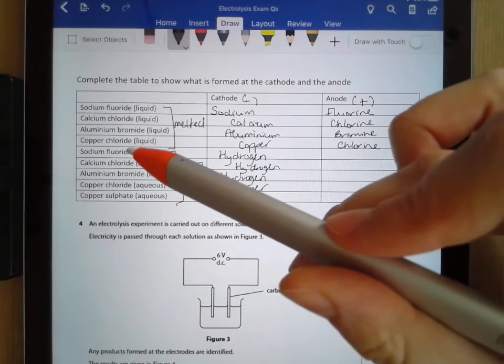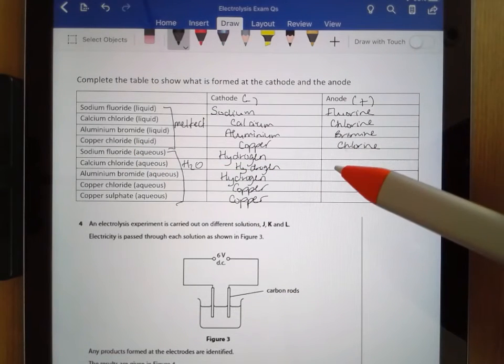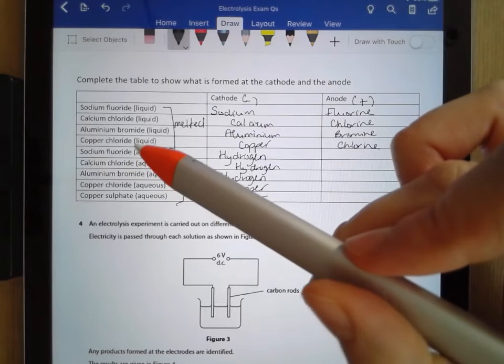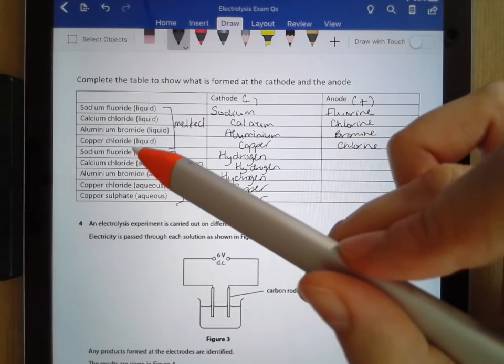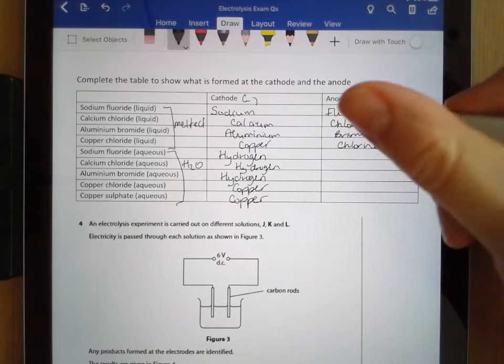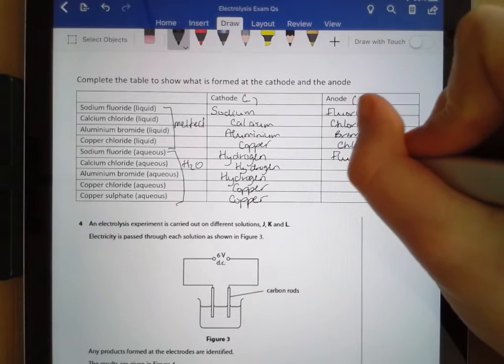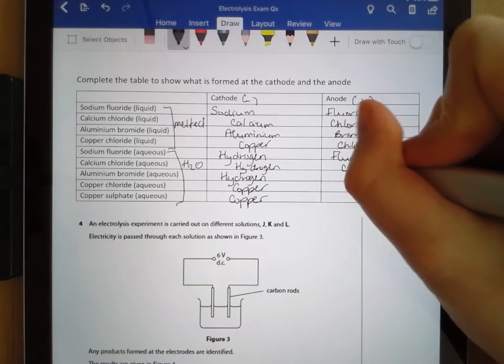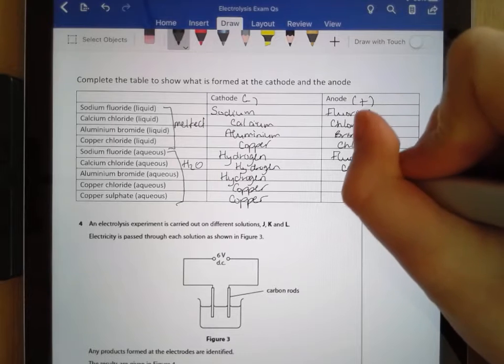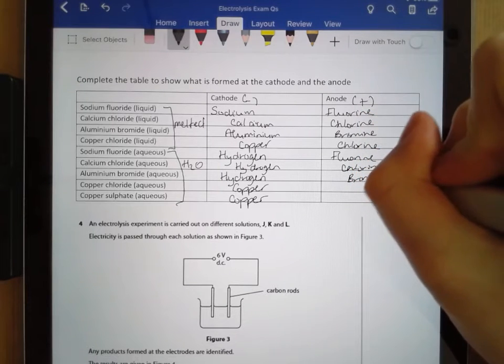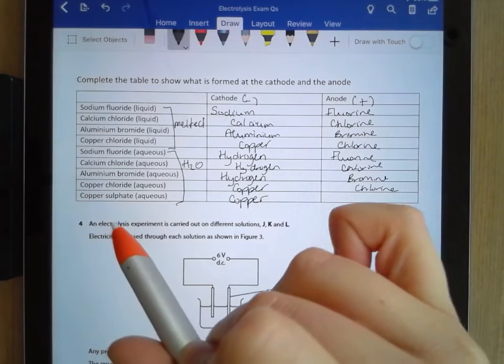At the anode, the answer is going to be the same as what we had above. If you've got a group 7 non-metal, the group 7 will form. So you've got fluorine in group 7, that's going to form. You've got chlorine, that's in group 7, bromine is also in group 7, and then chlorine is also in group 7. But in the last one, you've got sulfate.